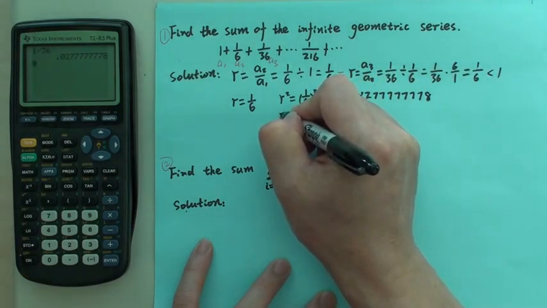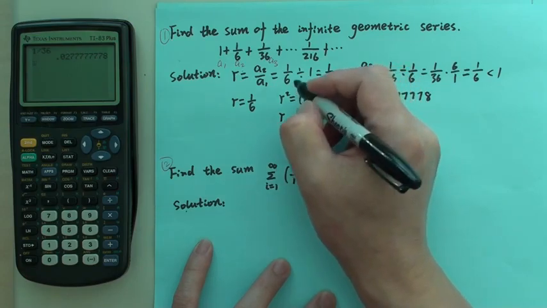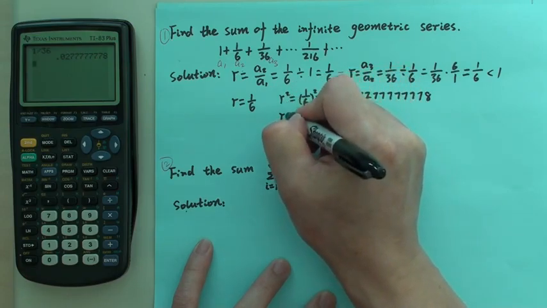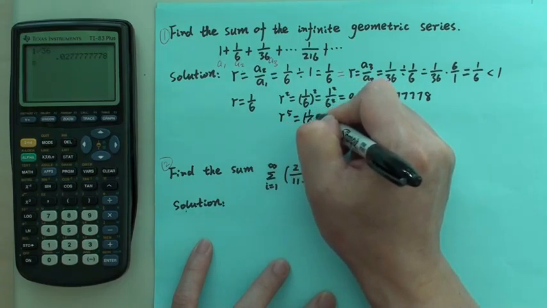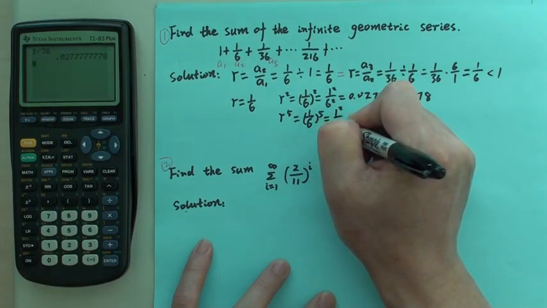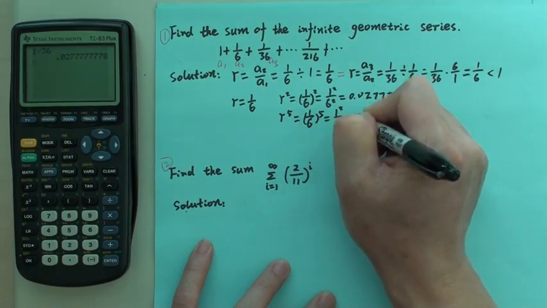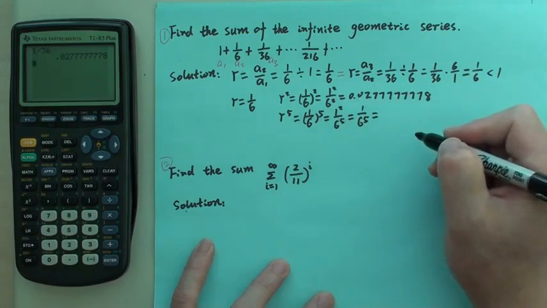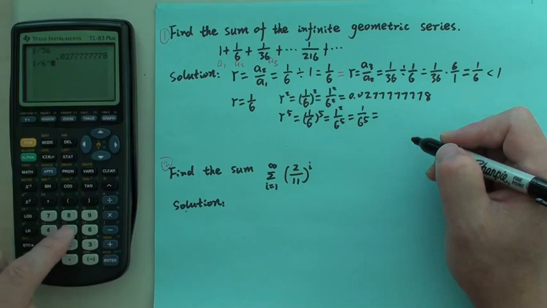Now, I want to calculate the 5th power. 1 over 6 to the 5th is 1 squared over 6 to the 5th. This is 1 divided by 6 to the 5th.